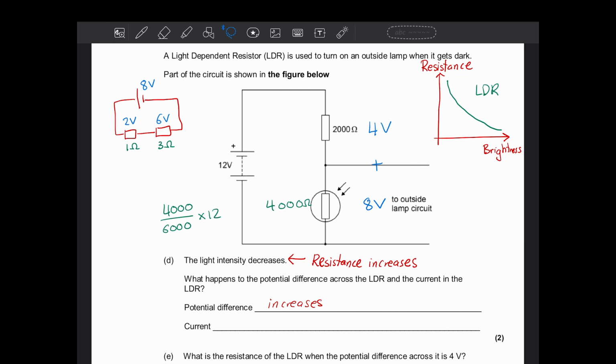Okay. Meanwhile, when we think about current, looking at total resistance, we know that resistance has gone up over here. So total resistance must have increased. And if resistance goes up, then current flowing through the circuit has to go down, because a higher resistance makes it harder for current to flow. So, describing what happens to current: decreases.